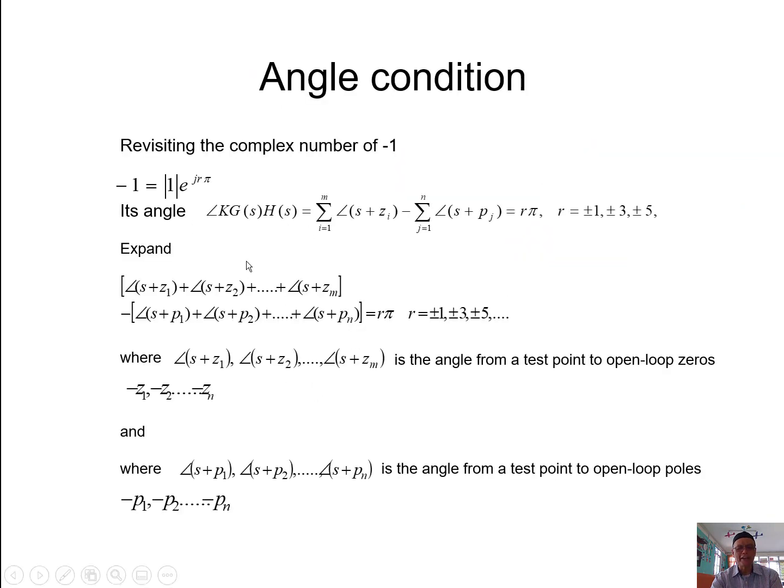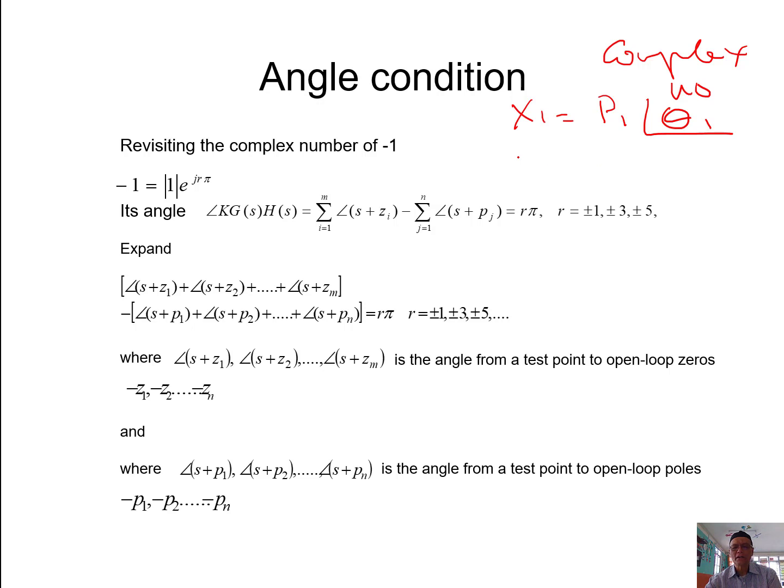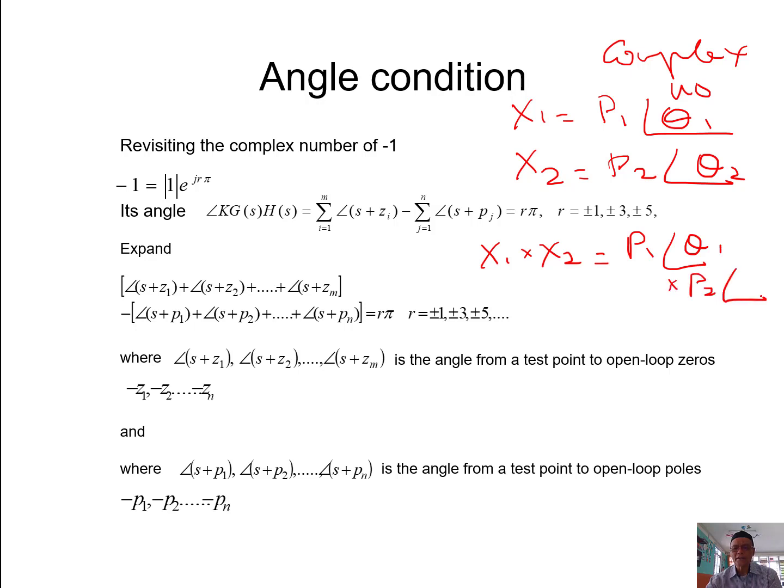Because in a complex number, please remember, if you have complex numbers, let's say x1 is equal to P1 angle theta 1 and x2 equal to P2 angle theta 2, the product x1 multiplied by x2 is P1 angle theta 1 multiplied by P2 angle theta 2.